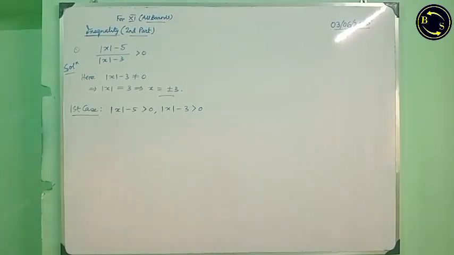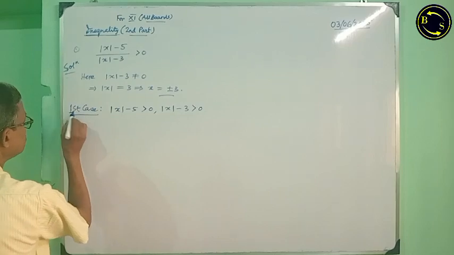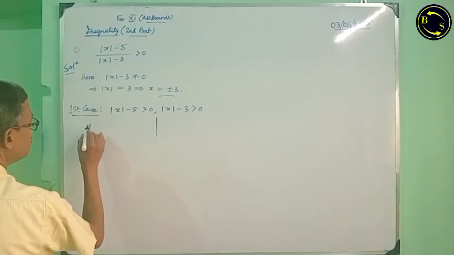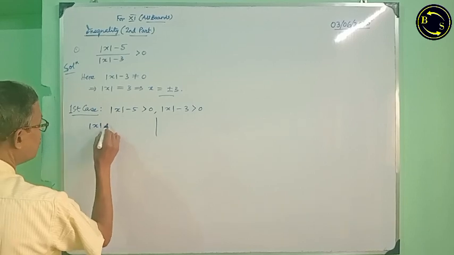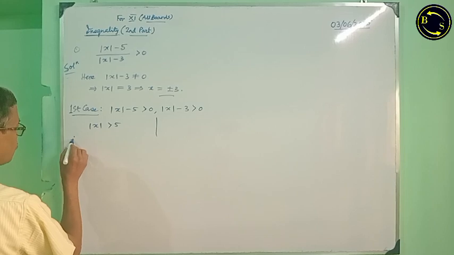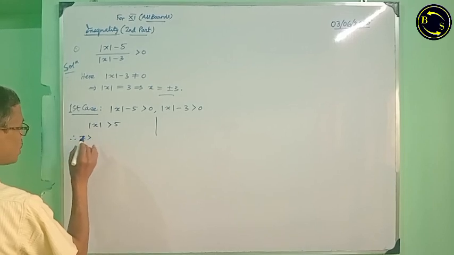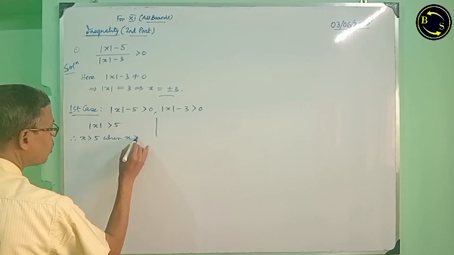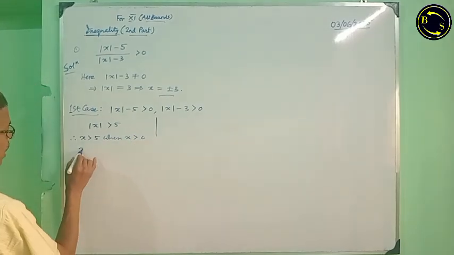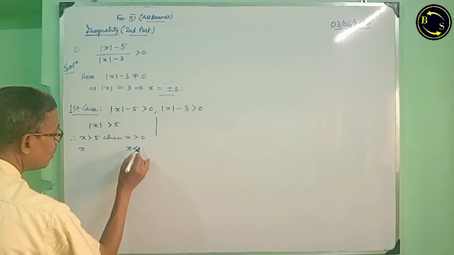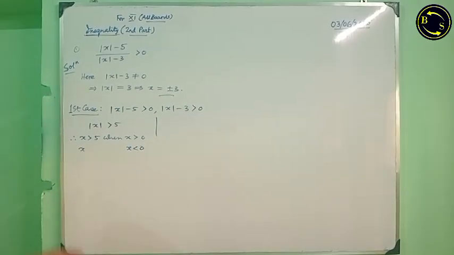First, consider the first case. From here, mod x greater than 5, therefore x greater than 5 when x positive, and when x negative, that means modulus of x will be minus x.